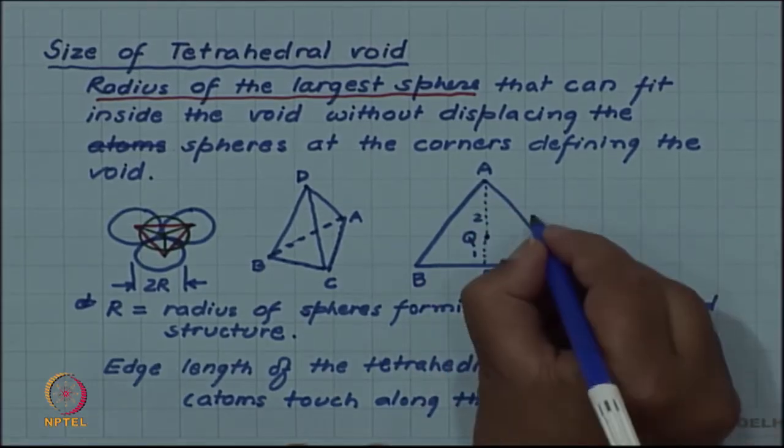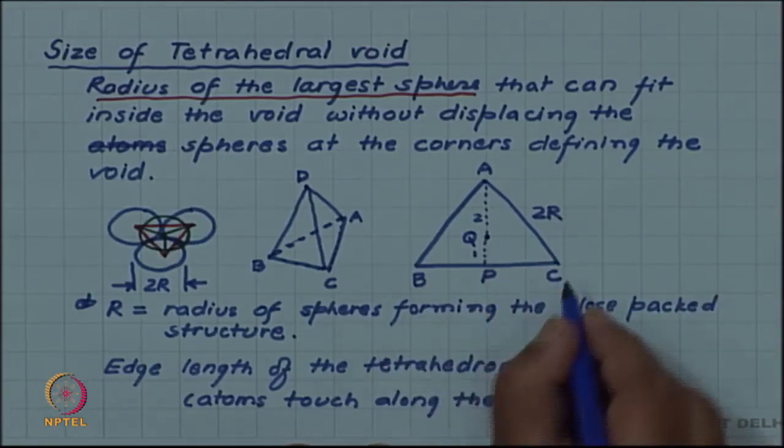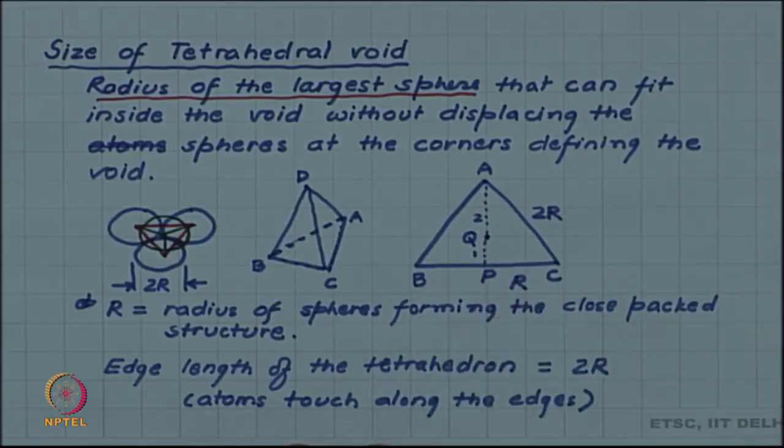So, AC, for example, becomes 2r and PC, which is half of the edge, becomes r.